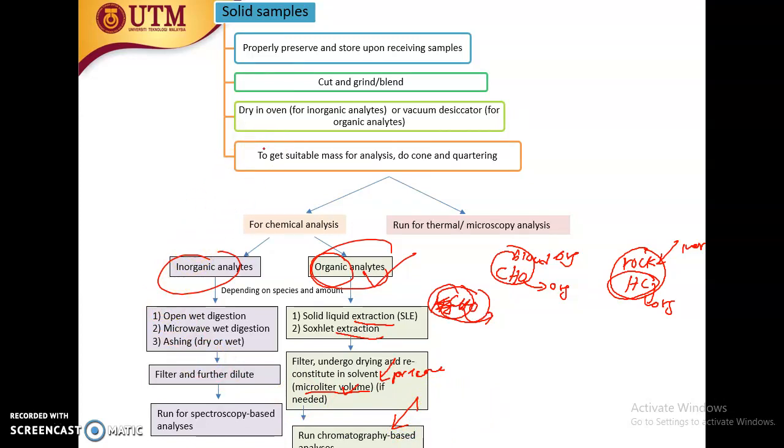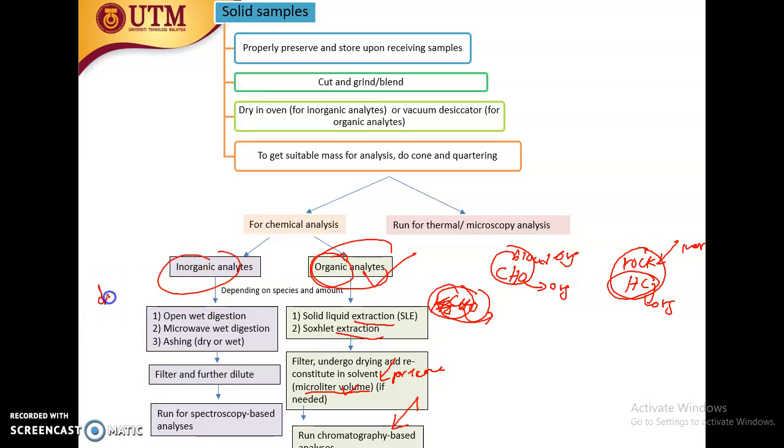Then what if you have inorganic analytes? Inorganic analytes can withstand high temperature, harsh conditions and high pressure, so you have to use a very high temperature or very high pressurized condition to digest out.